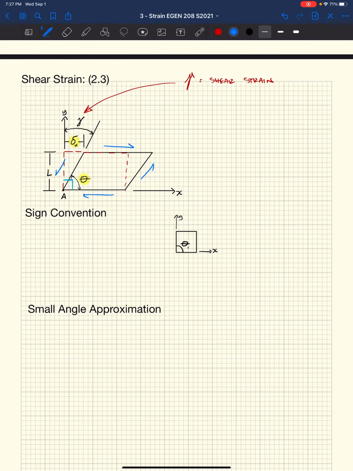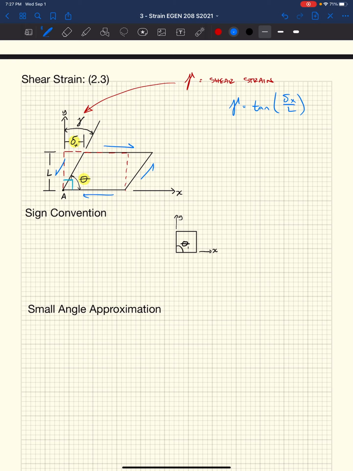And our shear strain is the tangent of our change in length over total length, right? In this case, though, our delta x is not the change in length of that side, but the distance in which that side rotated.